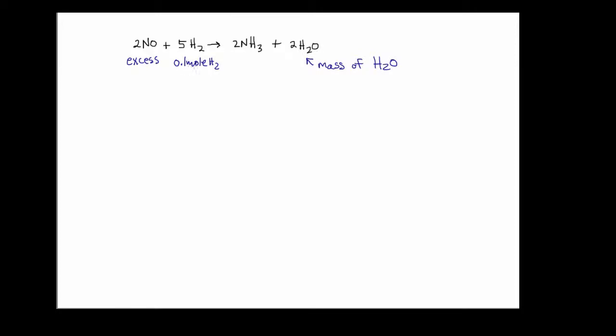That means every bit of the hydrogen that we put into this reaction is going to react. At the end of the reaction, there will be no H2 gas left, and we will have produced the maximum amount of water that can be produced after having reacted all the hydrogen.